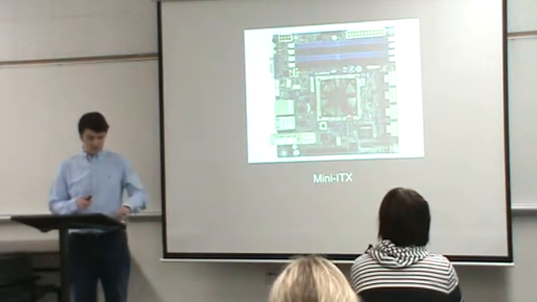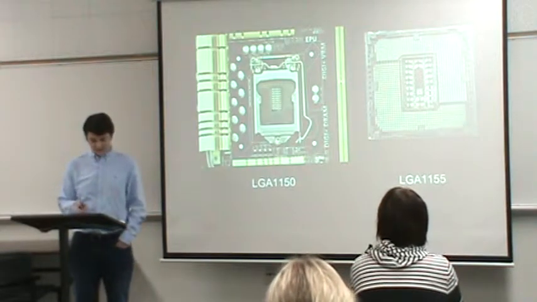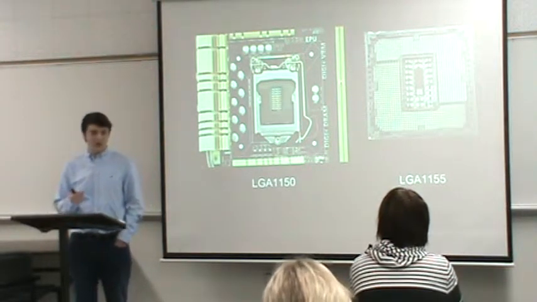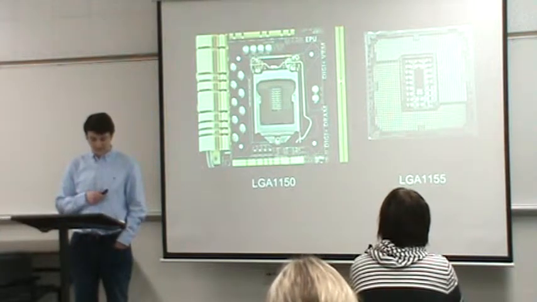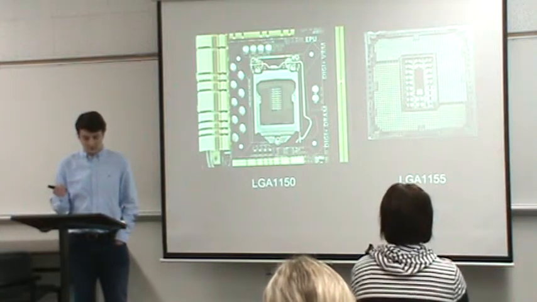Now I'm going to share with you guys the sockets. With sockets, the LGA 1150 and the LGA 1155 are pretty similar, but the reason why I am telling you the main two sockets is because all the other sockets are outdated and no one ever uses them anymore.